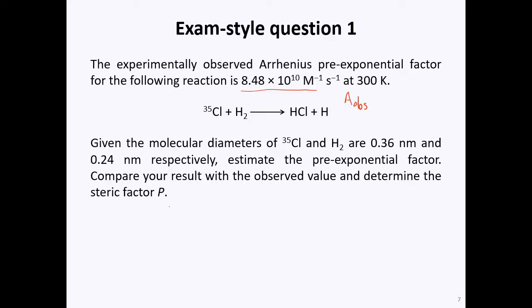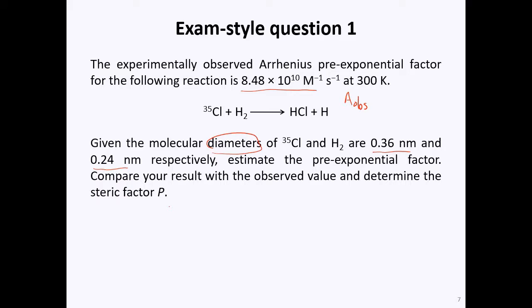It says here that we've essentially got to calculate the collision theory equation on the basis of the information that we're given. So we've got the two molecular diameters of our species, and we're also given the species.